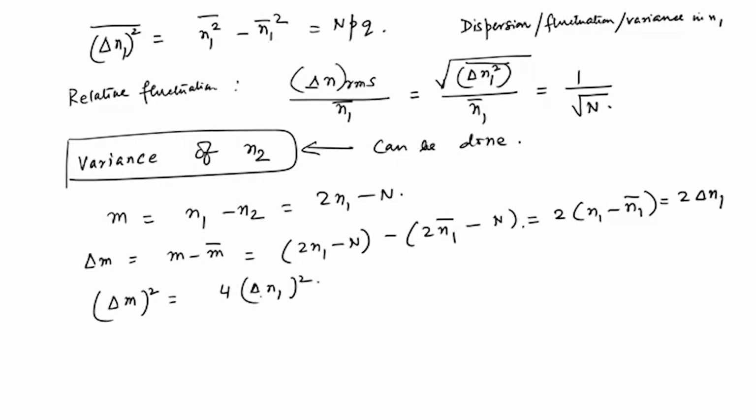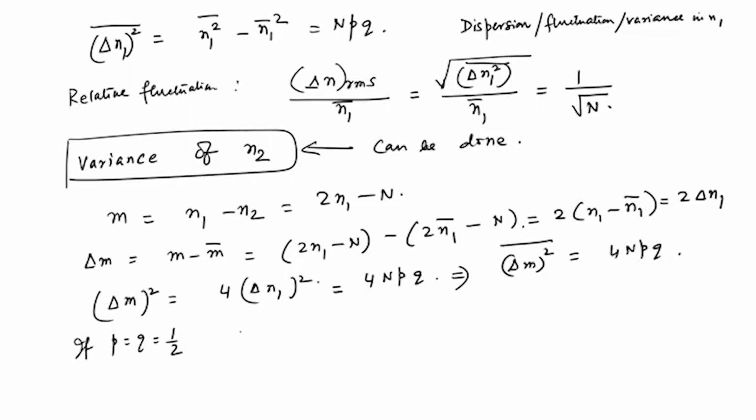This is 4 times n p q, and once again if p equals q equals half, of course m average does not make sense, but delta m square average still exists, which is equal to 4 n p q. For p equal to half, q equal to half, this cancels and we get n.